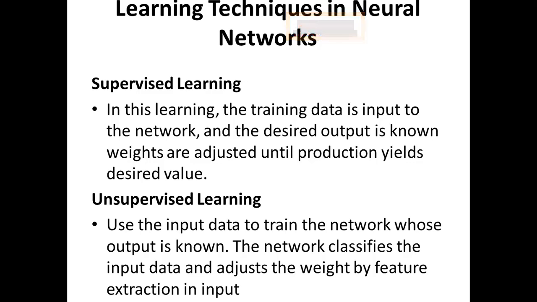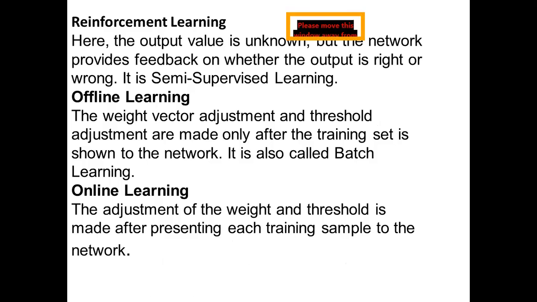The difference between supervised and unsupervised is that in unsupervised learning, the network classifies the input data and adjusts the weights by feature extraction in the input. Followed by reinforcement, which is also called semi-supervised learning. Here the output value is unknown, but the network provides feedback on whether the output is right or wrong.